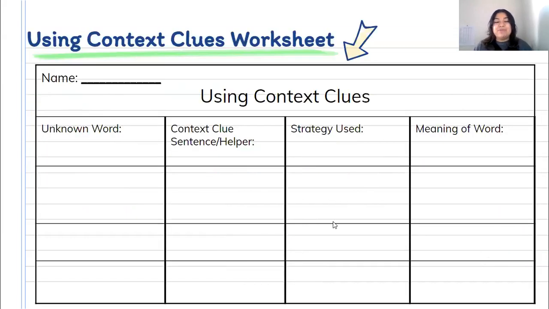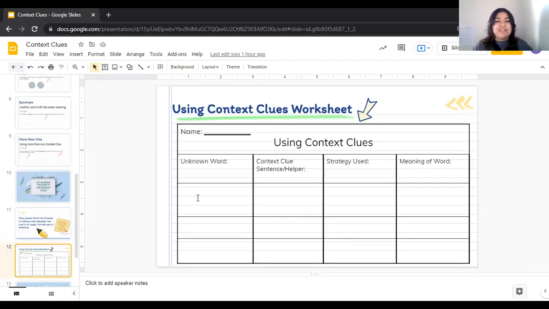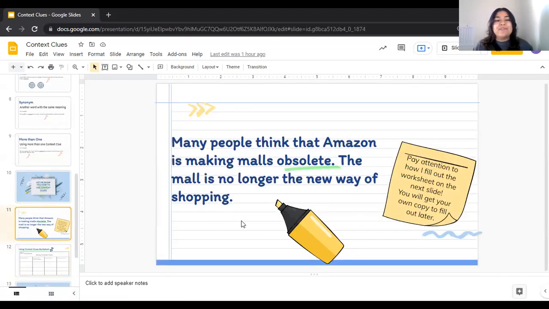Okay, so we're going to move on. This is similar to the sheet that I'm going to give you. It's going to be a little bit longer, more columns for you to fill out, but this is the gist of it. I am going to get out of presentation mode just so I could fill this out alongside you guys. So let's read that sentence one more time. It says, many people think that Amazon is making malls obsolete.